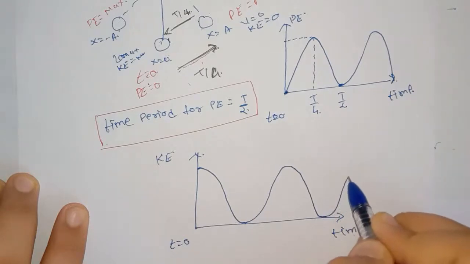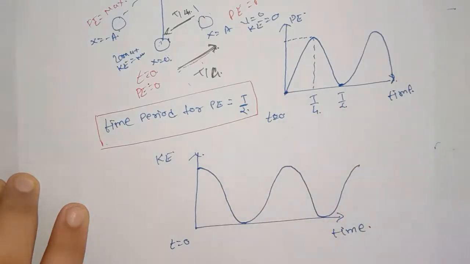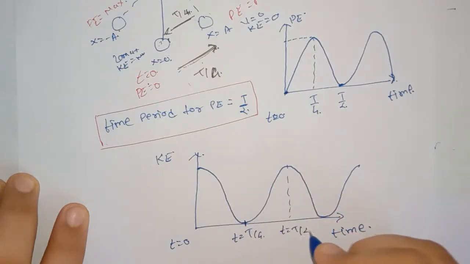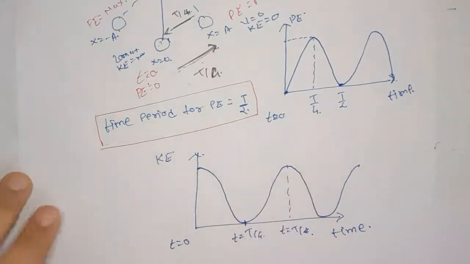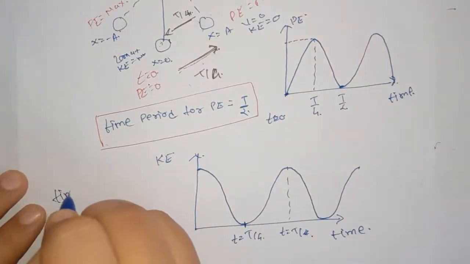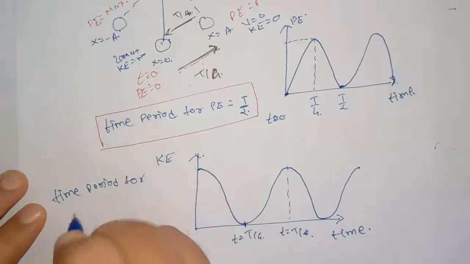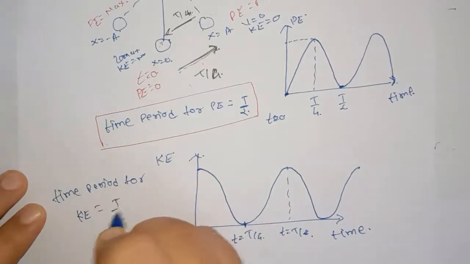It will be maximum at mean position. So this is t equals 0, this is t equals T by 4, and this is t equals T by 2. So again the time period for kinetic energy is also T by 2.